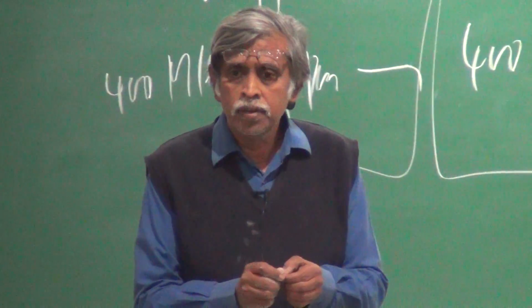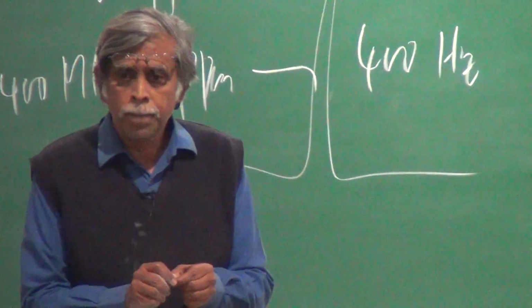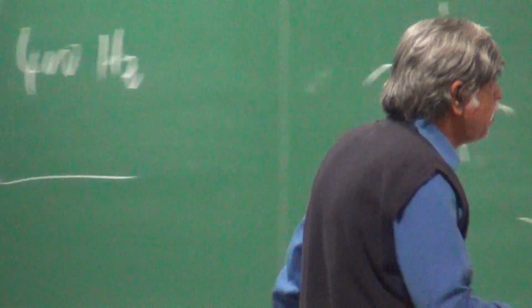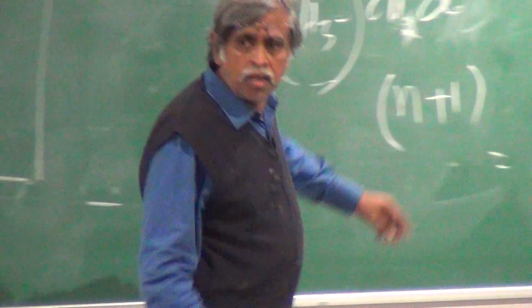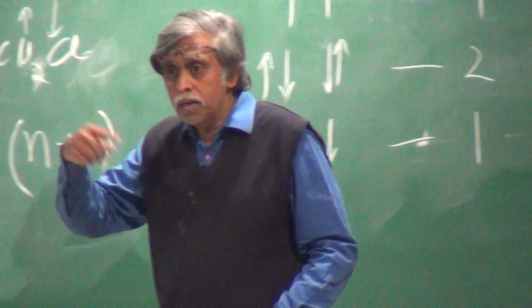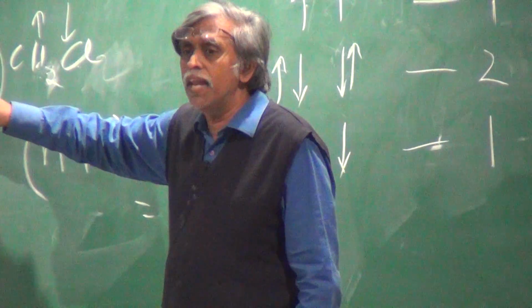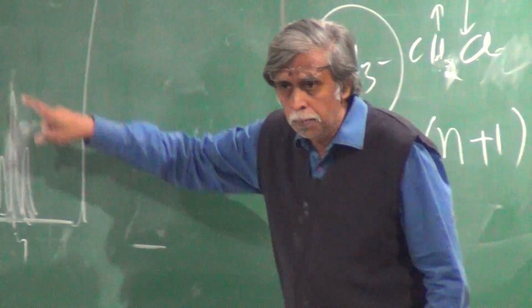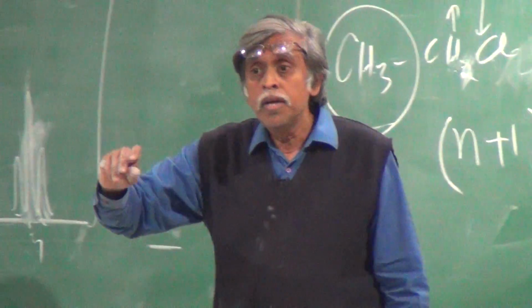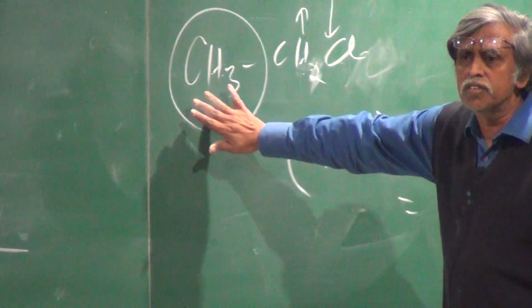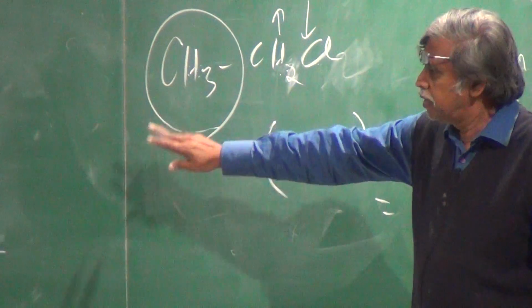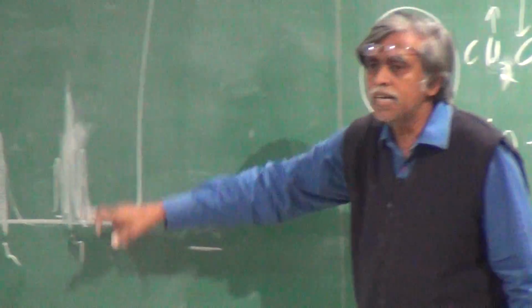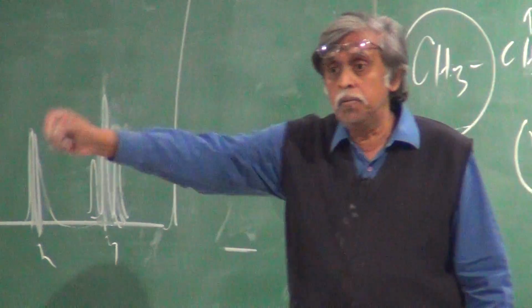Which means that the other hydrogen is not affecting CH3. That's right. If these 2 guys are opposite spins, then the magnetic moment, because of this, is not really doing anything over here, and therefore it would show up at a point where it should have come if these guys made no effect on this. Right? That's where it should be, because this is actually a peak which is unaffected by the neighboring nuclei.